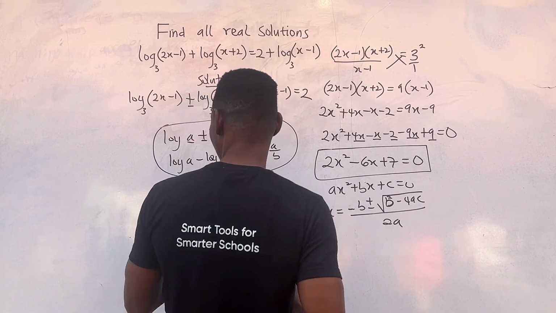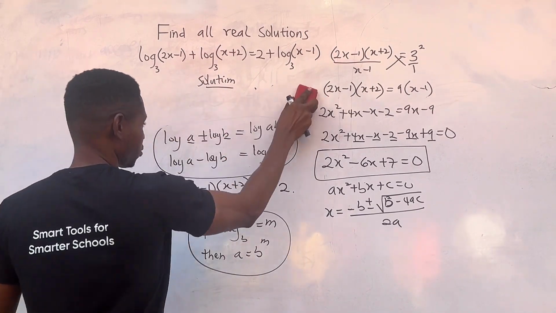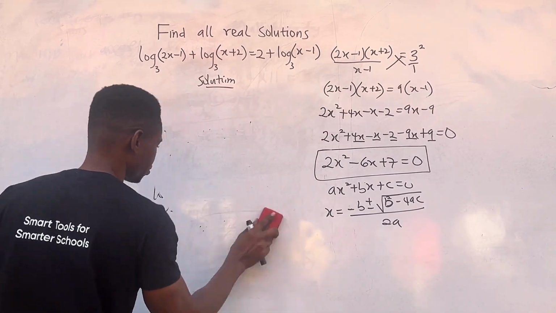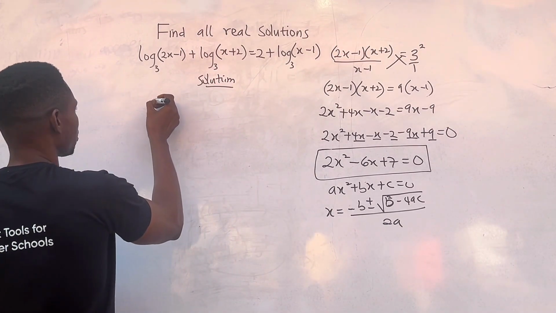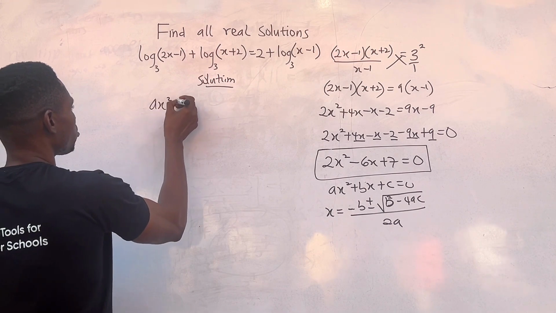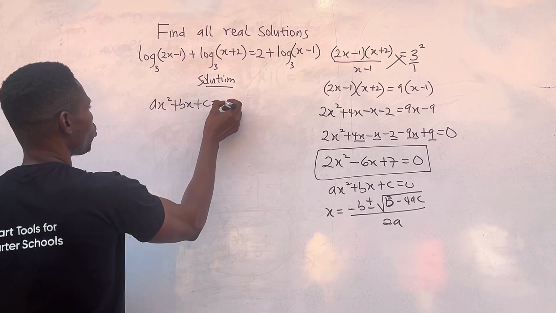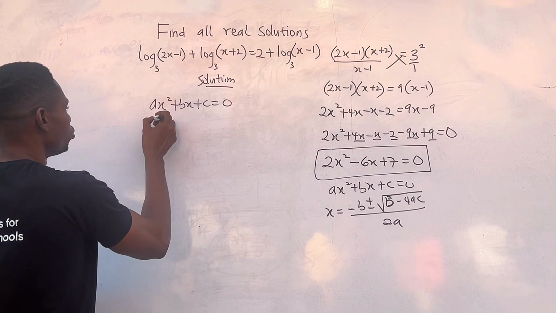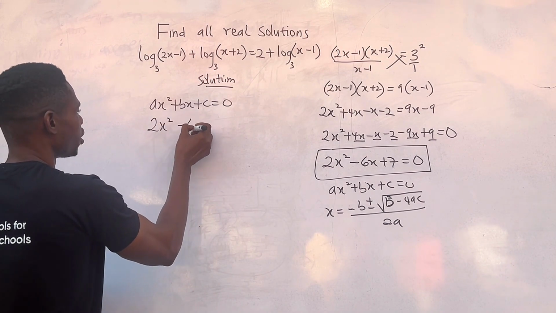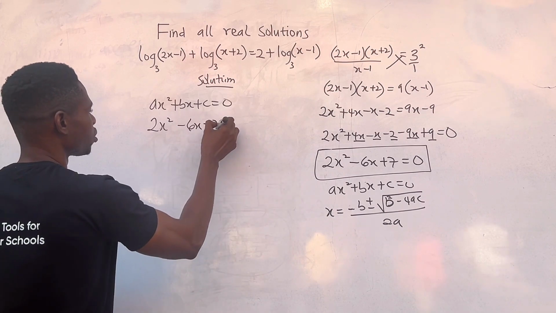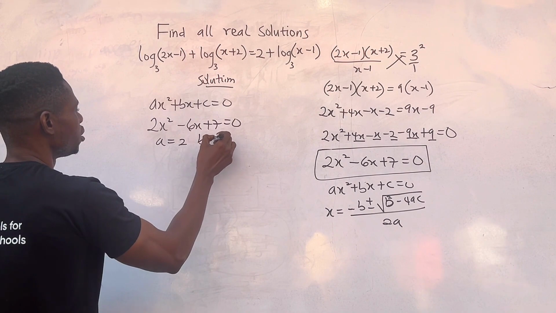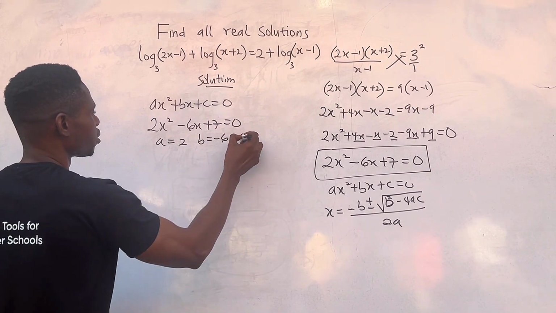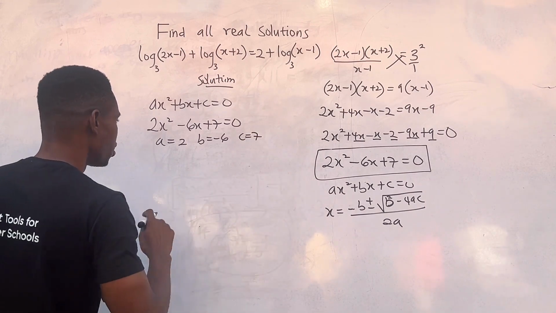Now let's continue over here. So from here we have comparing our ax squared plus bx plus c equals 0 to 2x squared minus 6x plus 7 equals 0. Our a is 2, our b is minus 6, and our c is 7. So let's get right in.